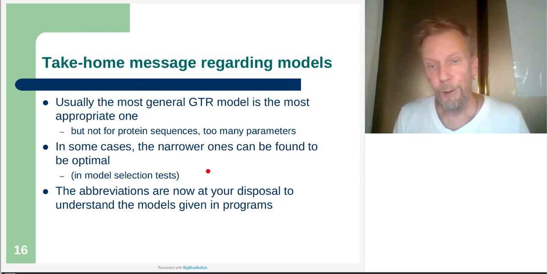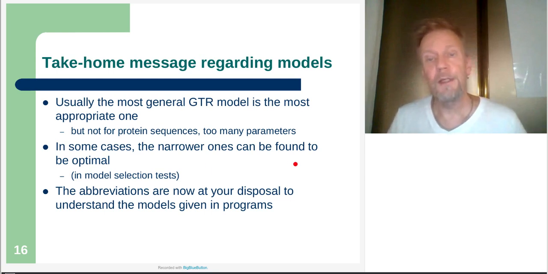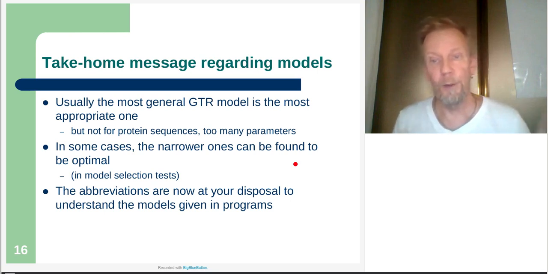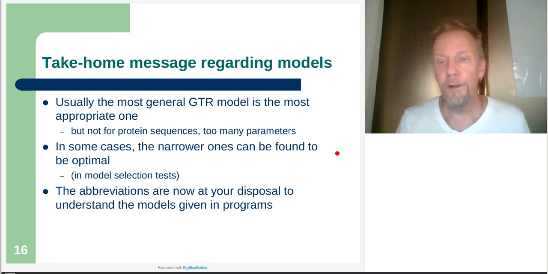And if you do model selection, which is testing your data, whether it has equal frequencies of nucleotides, whether the alignment shows transitions and transversions happening at equal rates, whether we have C to T and A to G changes happening at the same rate, and so on, you could get away with the narrower ones.